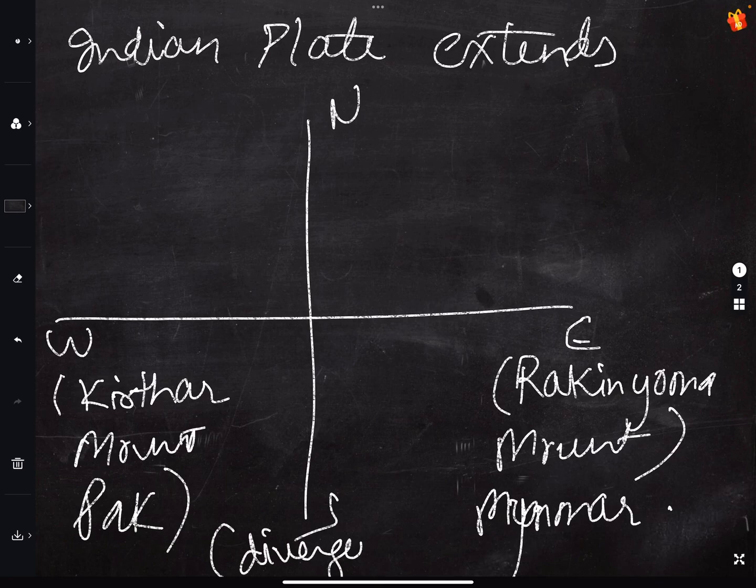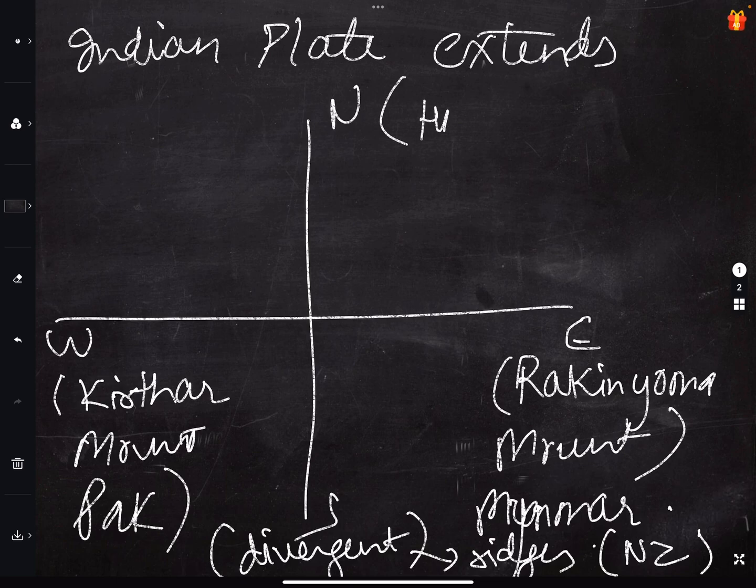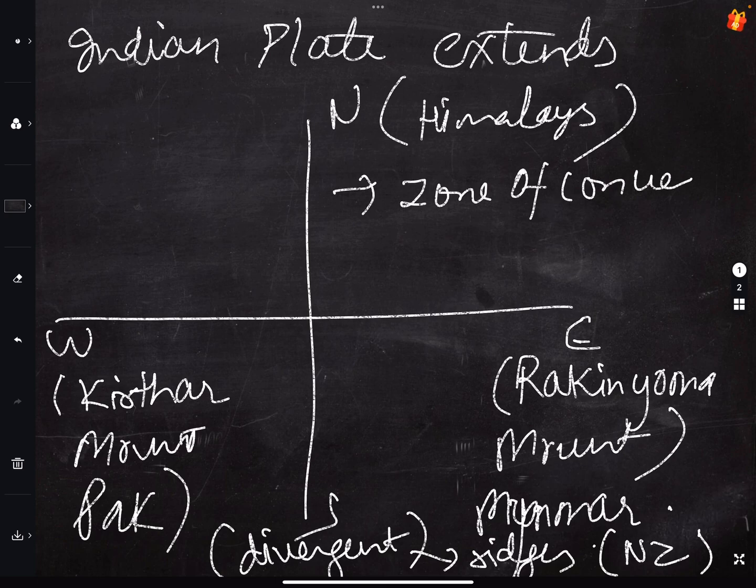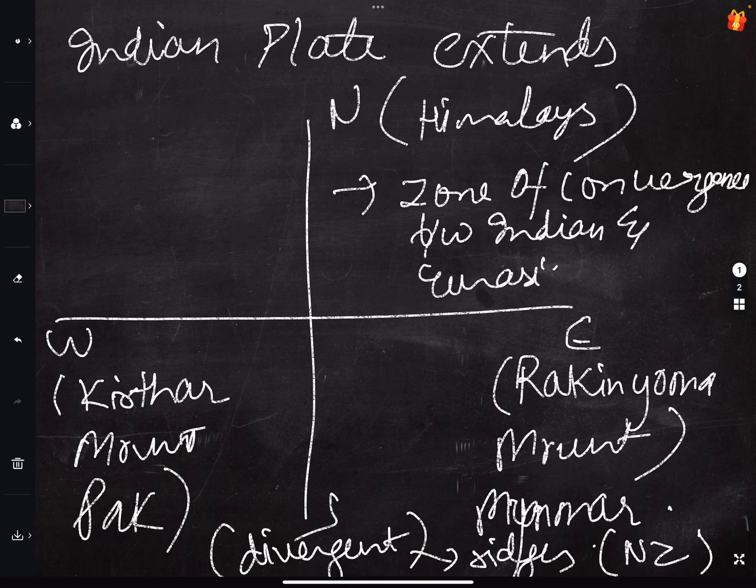And in the north, it extends to the present-day Himalayas, which is the zone of convergence between the Indian and Eurasian plate. It is also called a subduction zone.